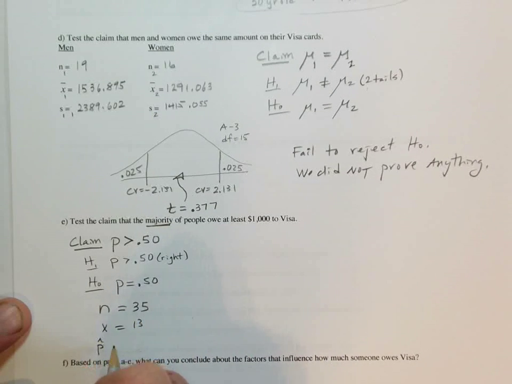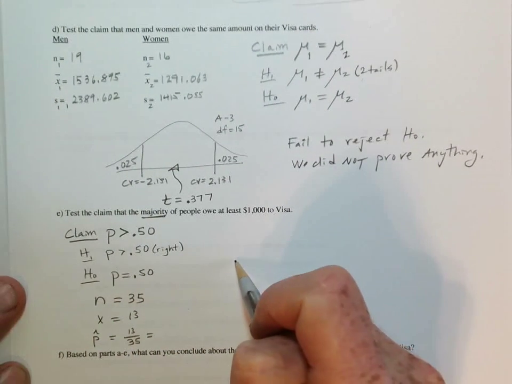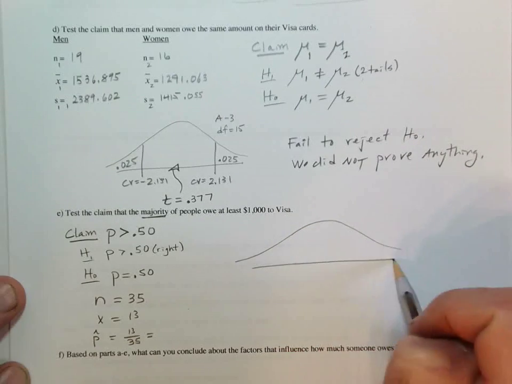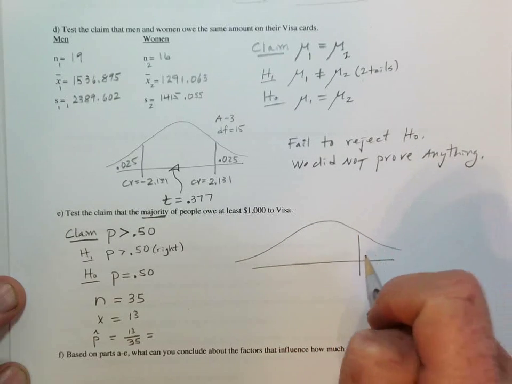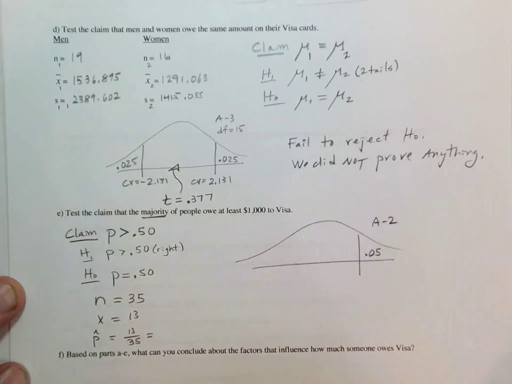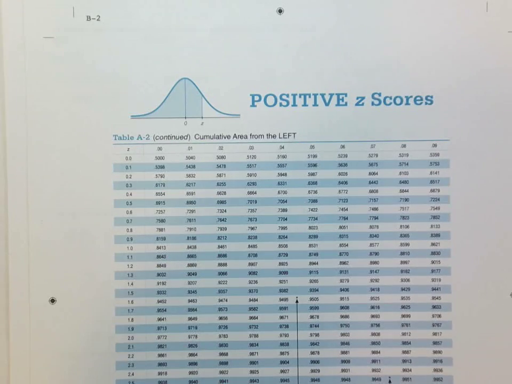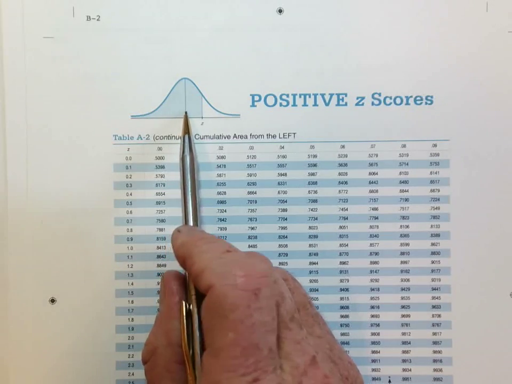And so p hat would be 13 out of 35. When you're testing claims about proportions, it's going to be a z-test. And this one is right tail only, so we're going to be using table A2. On table A2, I need to know what's on the left side.